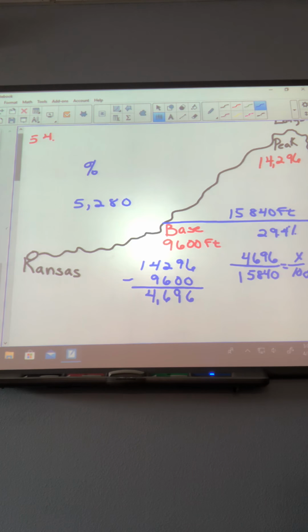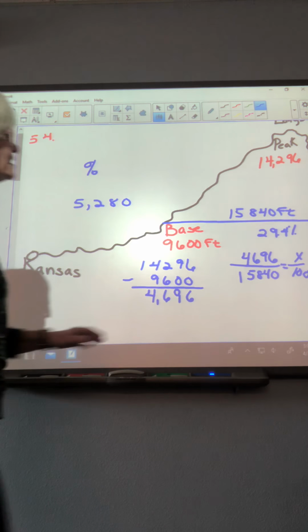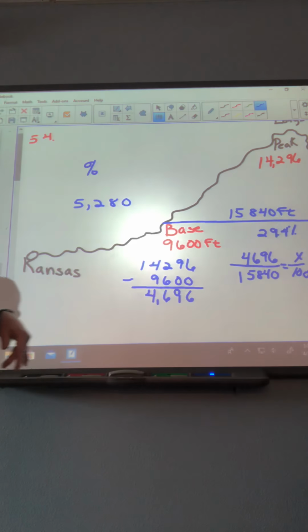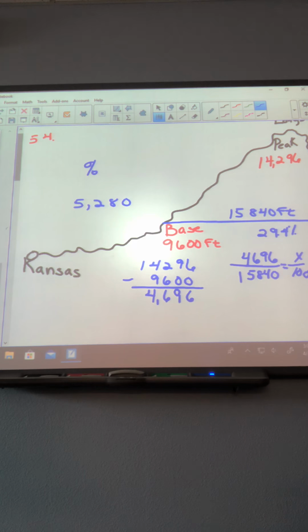I actually got 29.6, so I'm going to see if I subtracted wrong, or I may have just written a number down wrong. Nope, that part was right. So our percentage is 29.4. If you got 29.6, then your calculator did what I did as well. And so that would be also the rate of change too.